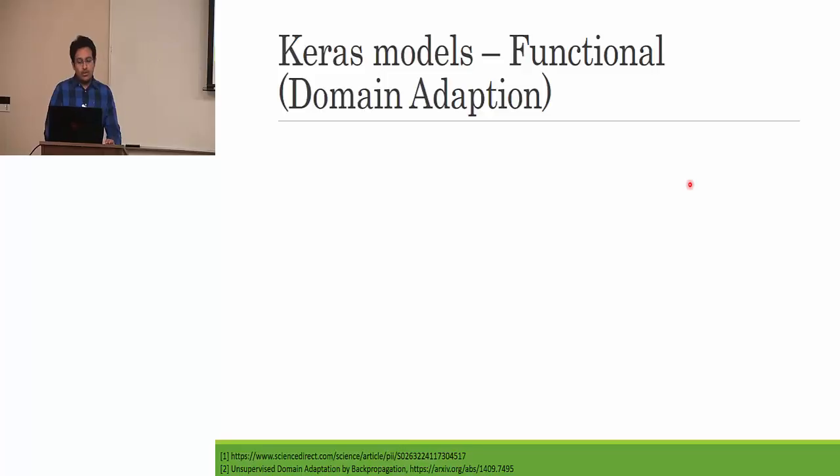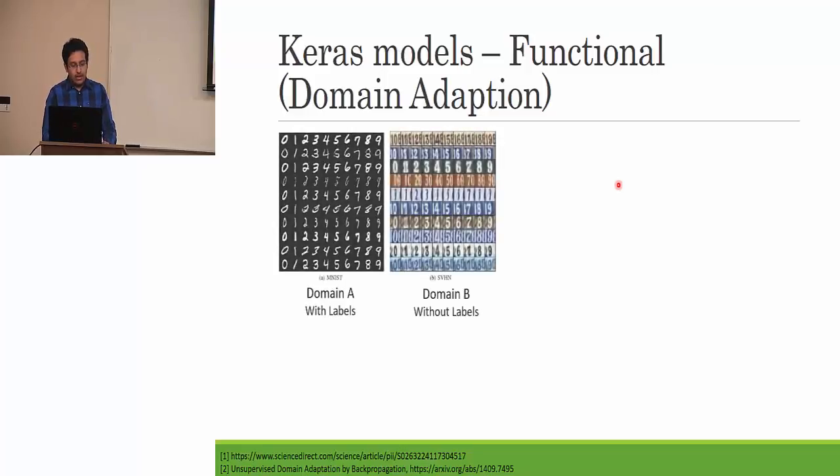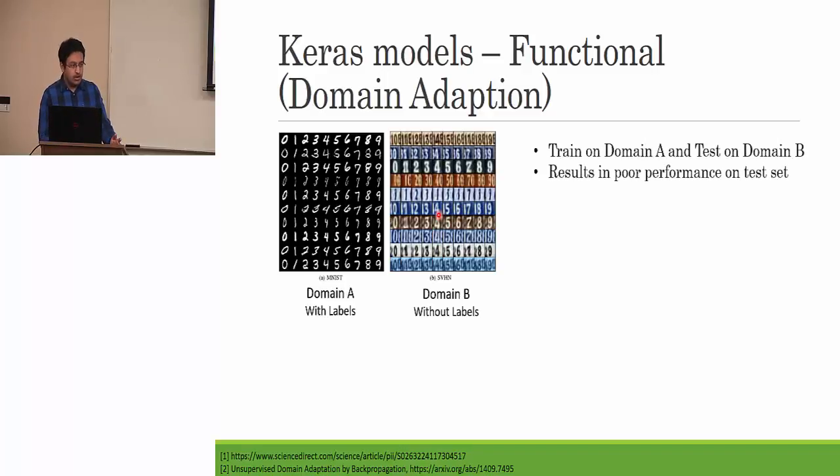The other application, I'll describe one of the applications of functional APIs. So there is a concept called domain adaptation in machine learning, where if you have 2 data sets called domain A and domain B, let's say you train your model with domain A, which are MNIST digits on the left, and you test the same model on domain B. The performance of this will be very poor.